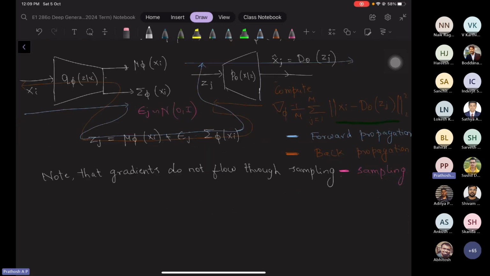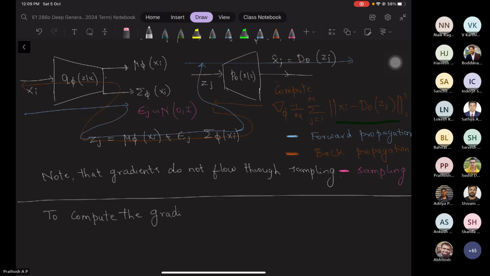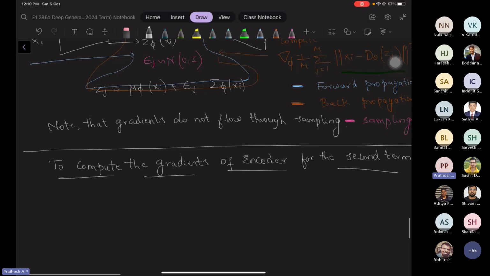Now we have to compute the gradients of the encoder for the second term. So what is the second term?